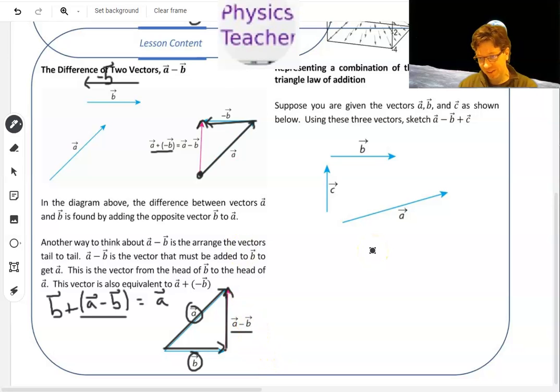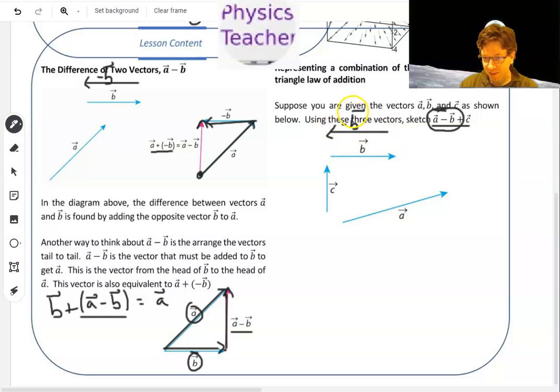All right, so if everyone's good, we're going to try figure out what this is. So here we have three vectors, A, B, and C. And we're going to try figure out what A minus B plus C is. So let's just work with A minus B first. So negative B would be just B, but I'll draw it in the opposite direction.